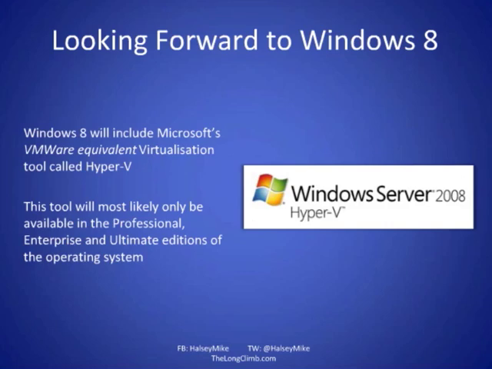So this is being built into Windows 8, and it will be there, perhaps only in the professional ones. So if you want to use full virtualization, because XP mode won't be available for reasons I'll explain in a minute, when you upgrade to Windows 8, and if they have the different editions like Professional, Enterprise, Ultimate, Home Premium, I would suggest you aim for those top three: Professional, Enterprise, and Ultimate, or Enterprise, which you won't get in a retail shop.